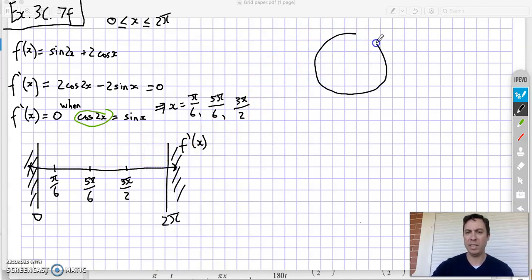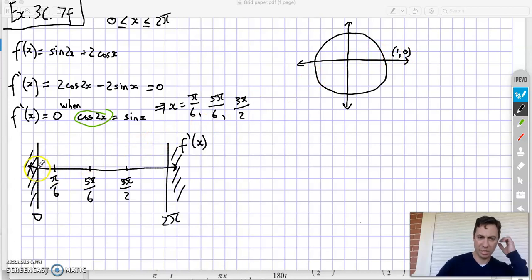All right, what's a nice value that I could test in my first derivative between 0 and pi on 6? For me, the easiest point would be 0. I want to know, is my function increasing or decreasing? Am I going uphill or downhill in this space here, right?